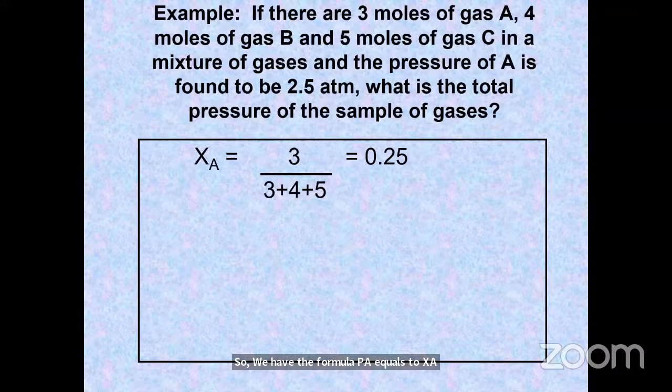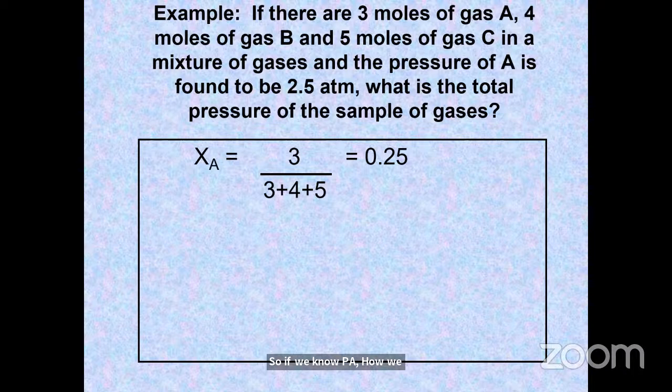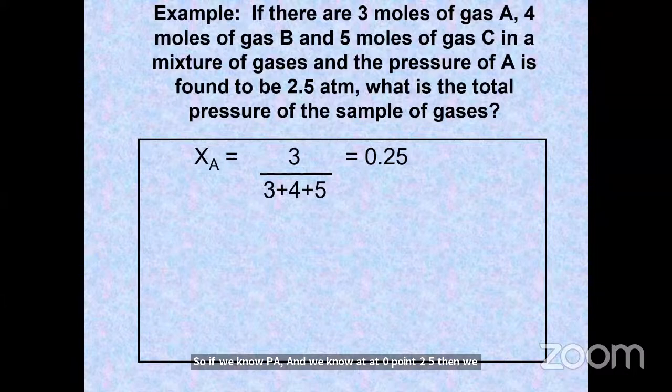So if we know PA as 2.5 and we know XA as 0.25, then we should be able to get the P total. XA will be number of moles of A divided by the total number of moles. That's 3 divided by 3 plus 4 plus 5. That gave us 0.25.